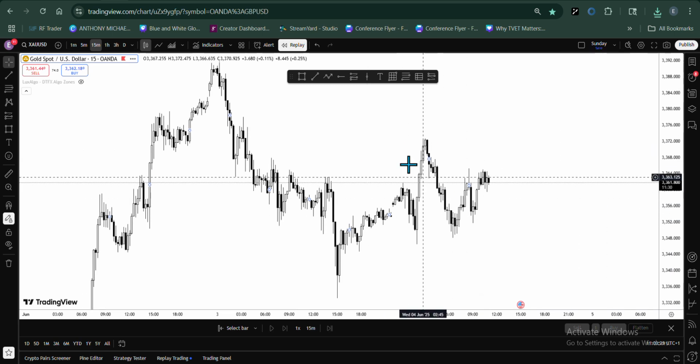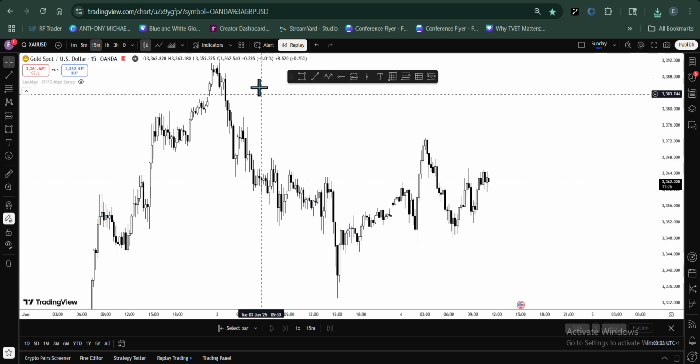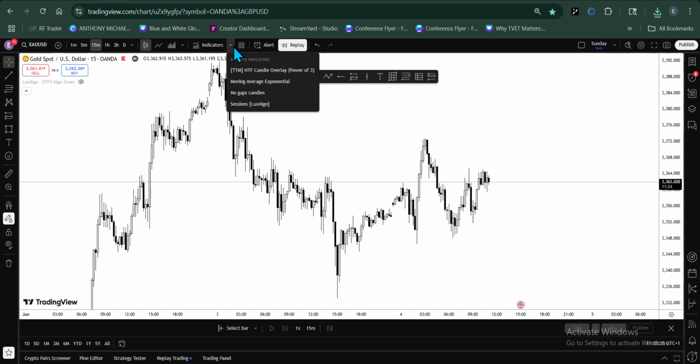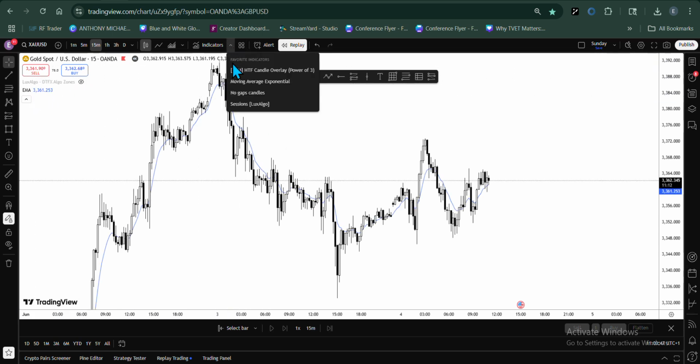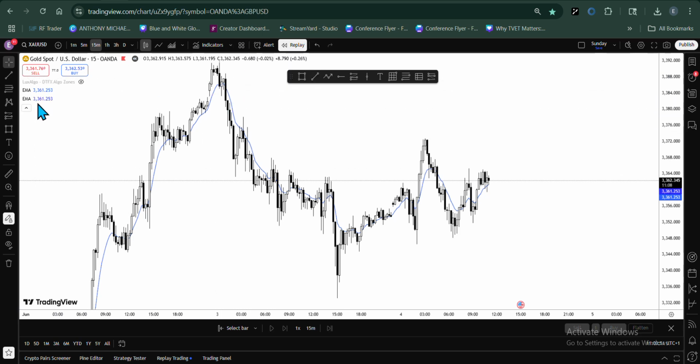what we are doing is analyzing using indicators. In this video, we are going to be using moving averages, right? Exponential moving average, and we need two of them. You see EMA, the first one, and we need another one, a second exponential moving average. So you see we have two.